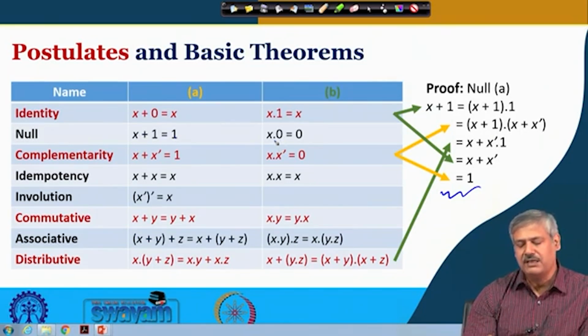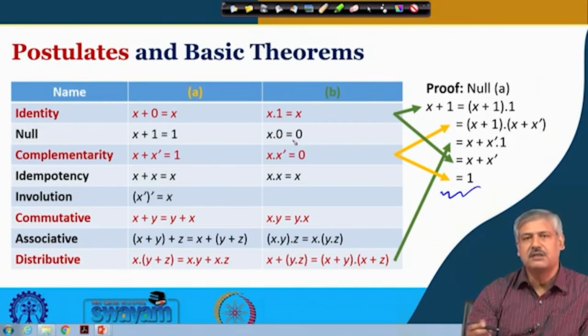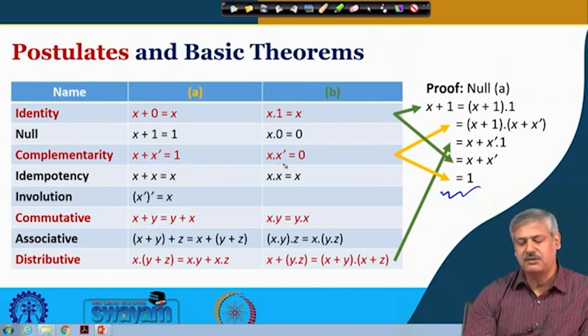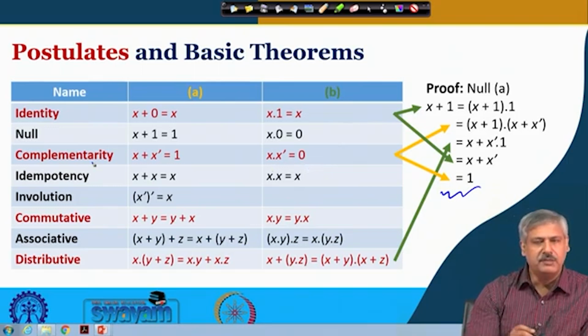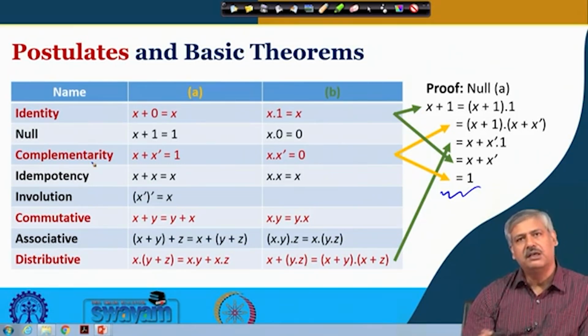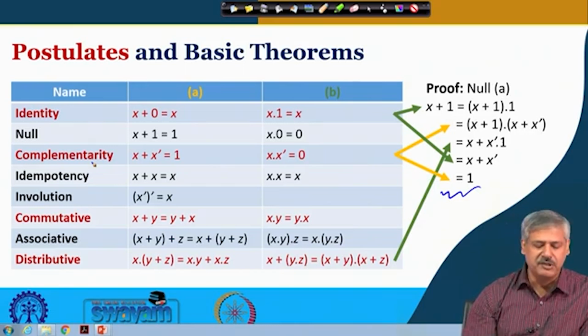And for the AND case, x ANDed with 0, the output will be 0. This can be derived, as we will see later. And complementarity: x plus x prime is 1, x dot x prime is 0, coming directly from the postulate. The ones in brown come directly from the postulates, and the rest are theorems which can be derived from the postulates.